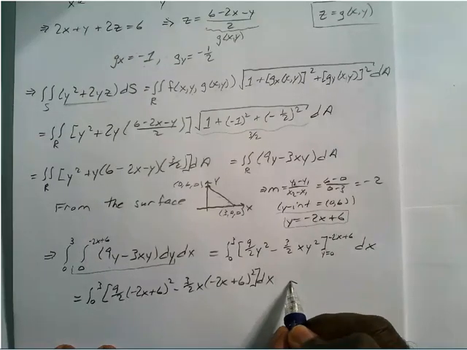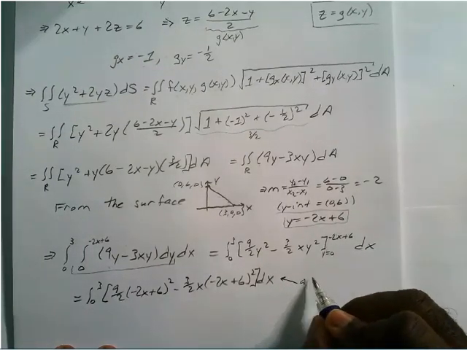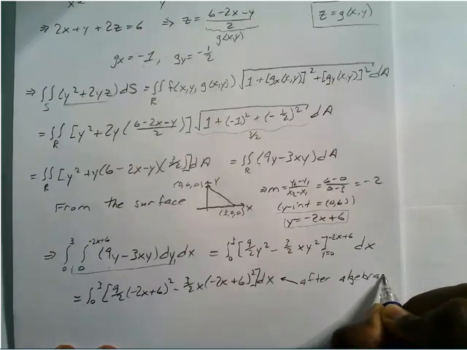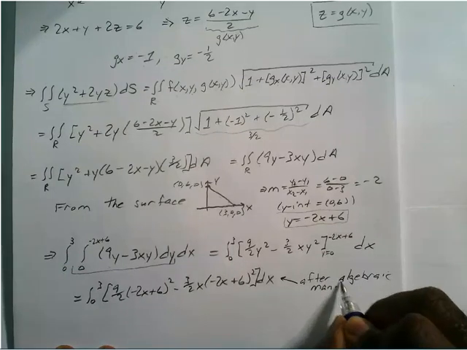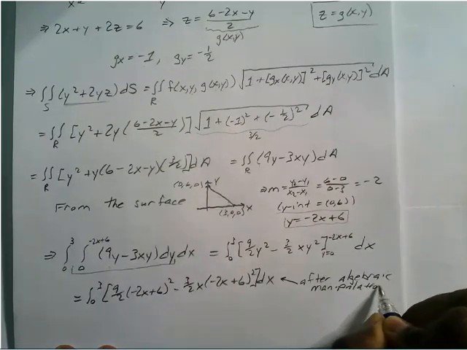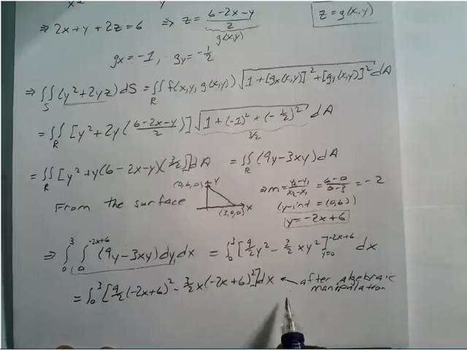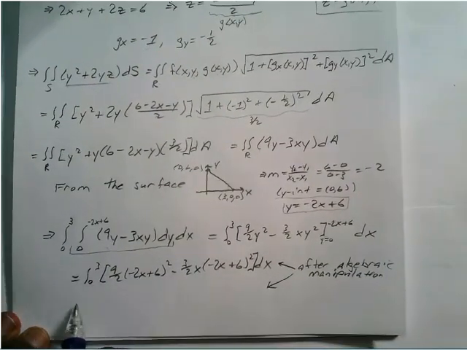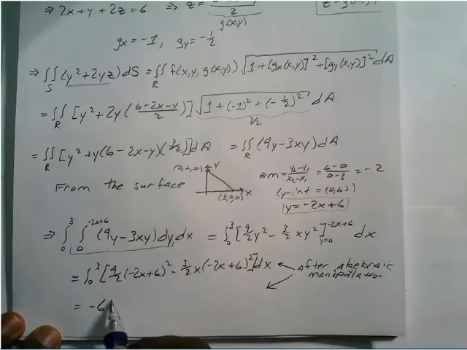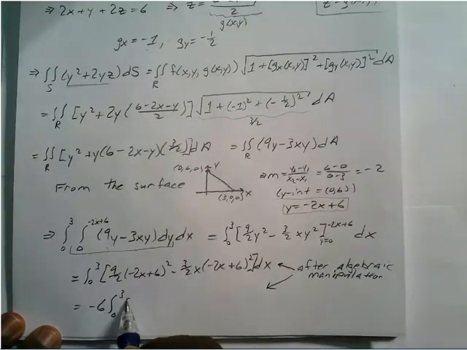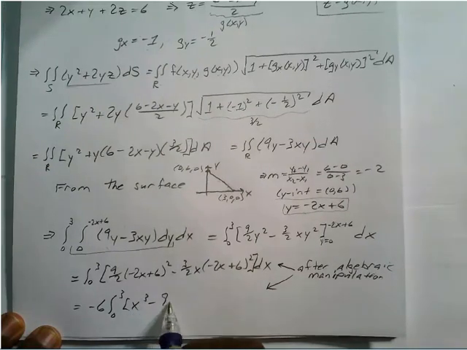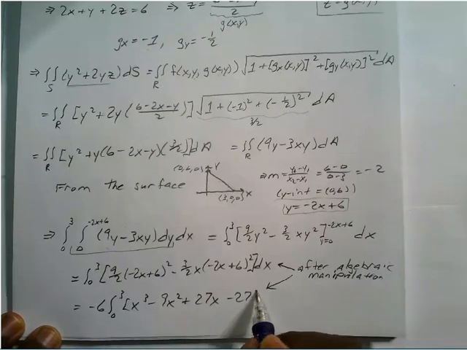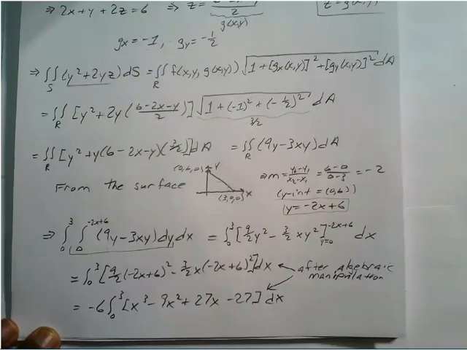So in other words, after a whole bunch of algebraic manipulation, you end up with negative 6 times the integral from 0 to 3 of x to the third minus 9x squared plus 27x minus 27 with respect to x.